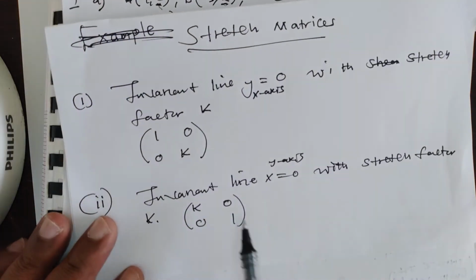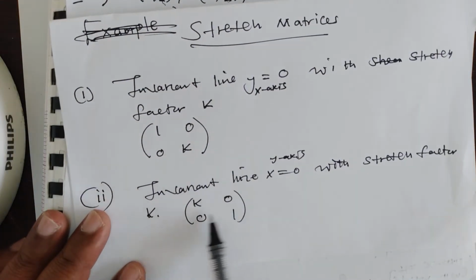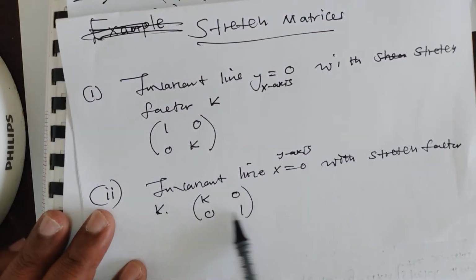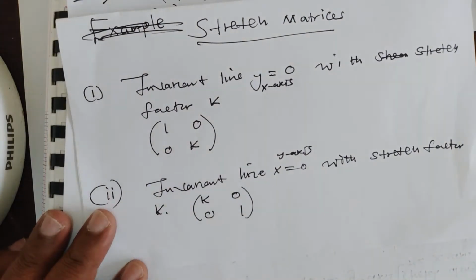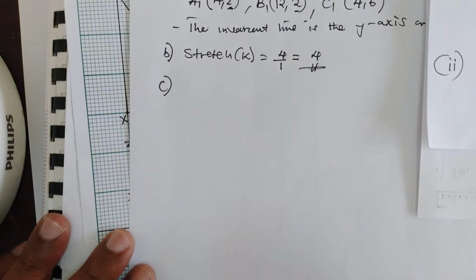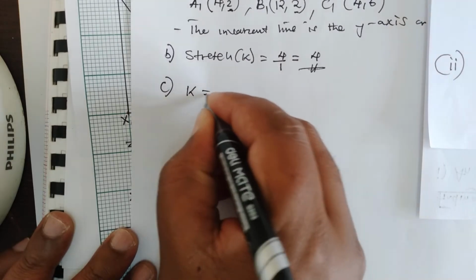So if your invariant line is the y-axis, this is what you are going to say. The matrix should be k, 0, 0, 1, where k is the stretch factor.